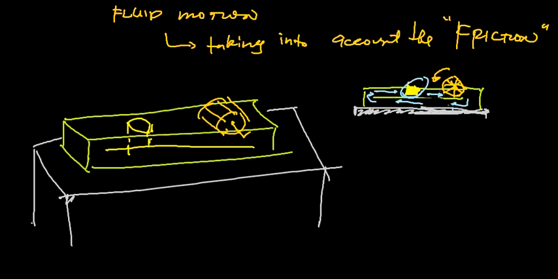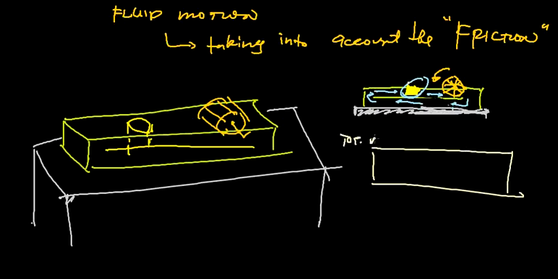Okay, and if we take a look at the top view, we can see that, say this is our cylinder, and we have here our paddle, right? It's our paddle, and if we rotate this paddle, the fluid will flow continuously.